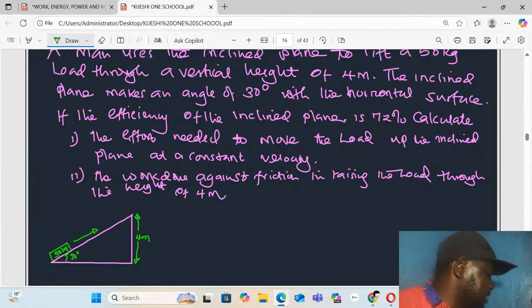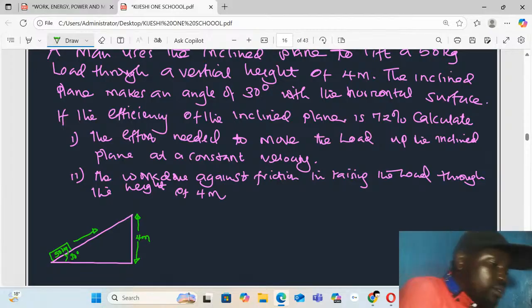Now the first question was the effort needed to move the load up the inclined plane at a constant velocity. Before we get into the effort, we must first look at the velocity ratio.